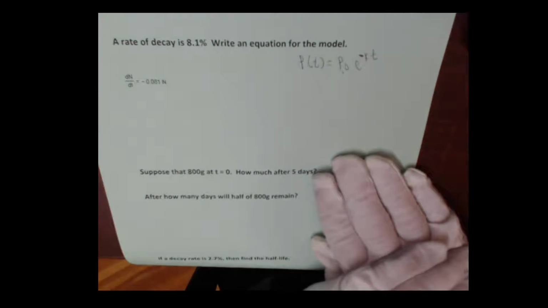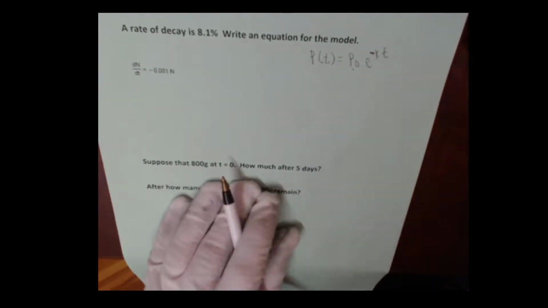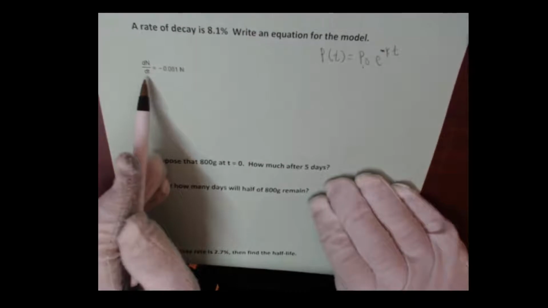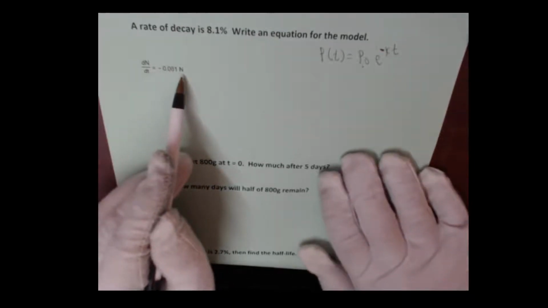So if k is positive, it's growth. If k is negative, it's actually decay. And that kind of makes sense because instead of doubling and doubling and doubling, it'll half and half and half. So a rate of decay of 8.1% would be dN/dt equals negative 0.081 N, if we're doing N as our variable.